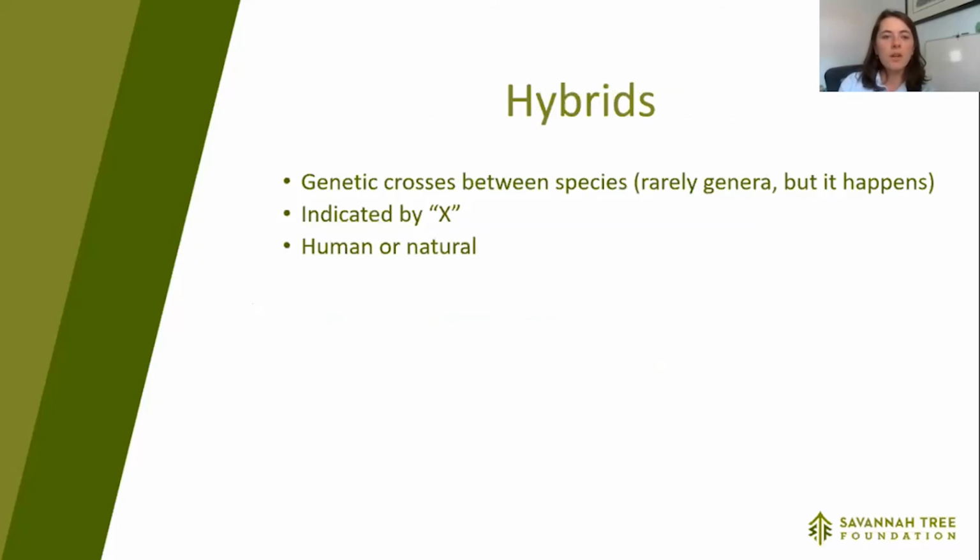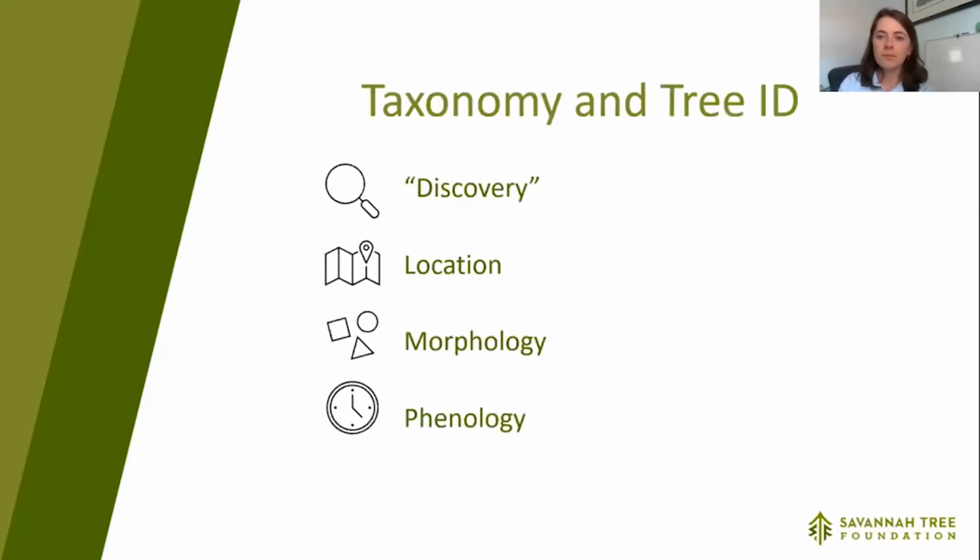And as far as hybrids go, I also won't get too far into the weeds with this, but genetic crosses between species happen. There are rarely crosses between genera, which means multiple genus types, but it happens. It's indicated by an X, and it can be human or natural.